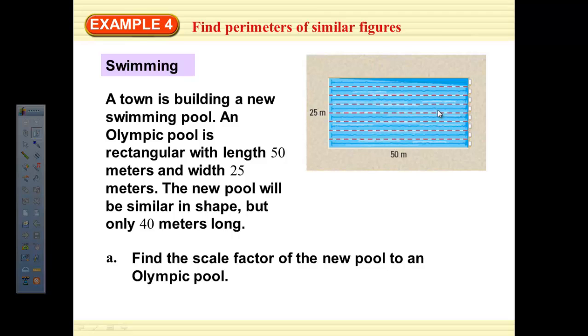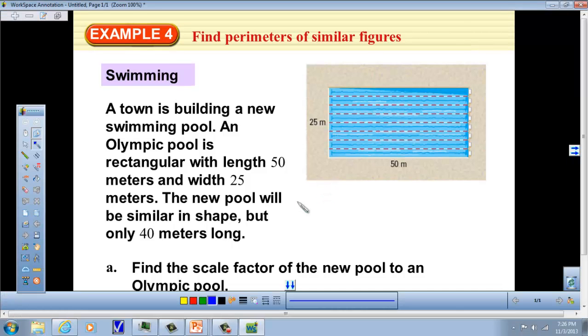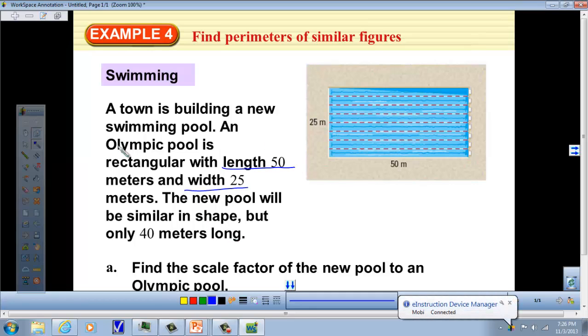In this case, for the first part of this, we need to find the scale factor of the new pool to an Olympic pool. So if we look carefully, what we want to do is compare the corresponding sides. It says we have a length of 50 and a width of 25 meters for an Olympic-sized pool.